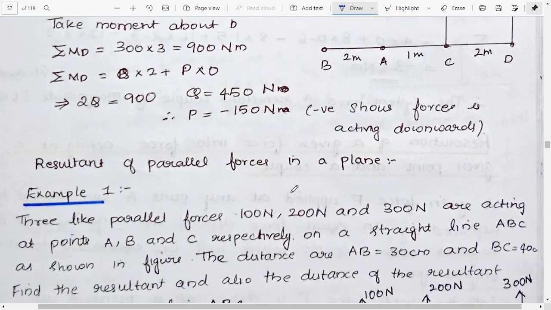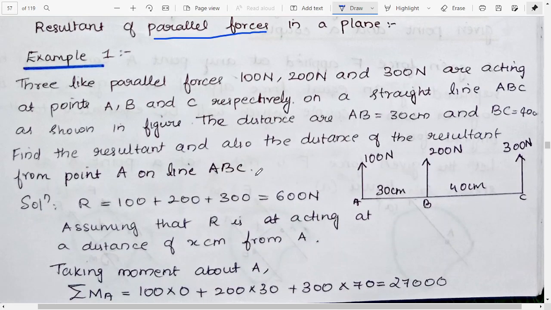Next, the resultant of parallel forces in a plane. Now let us talk about parallel forces in a plane. Three like forces, 100 Newton, 200 Newton and 300 Newton, are acting at points A, B and C respectively. These are the forces which are acting on a straight line ABC.